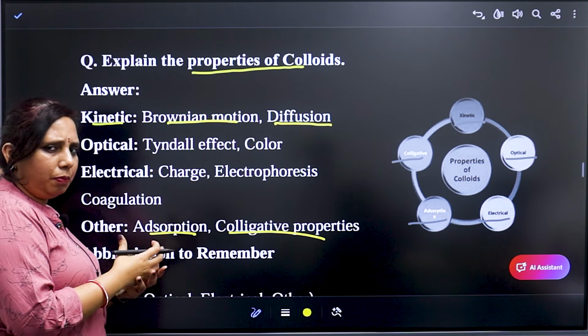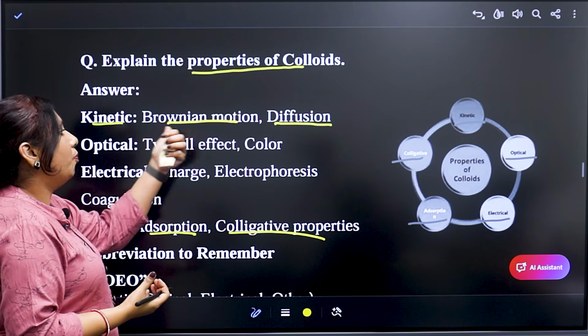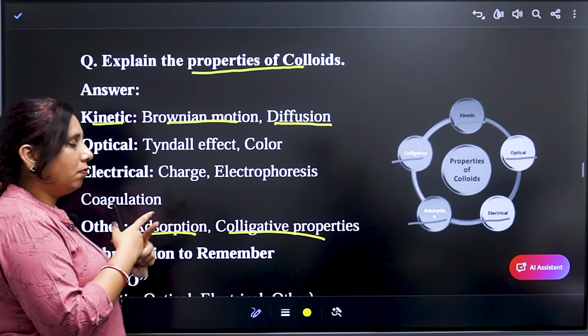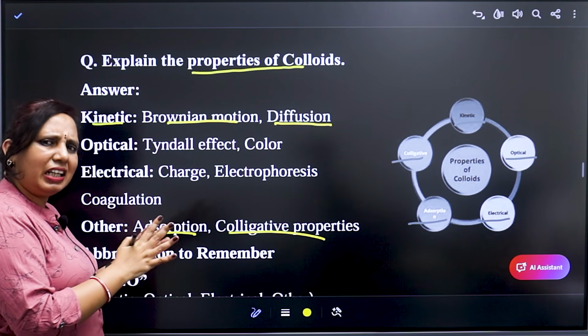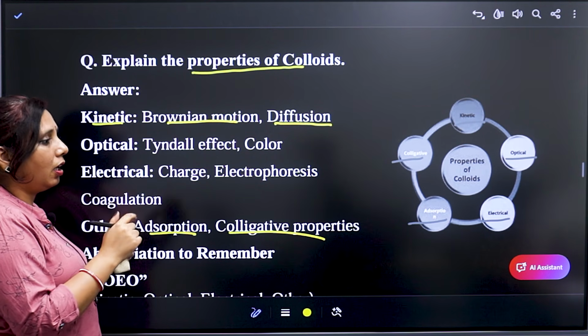Diffusion we all know as movement of molecules from higher concentration to lower concentration. Whereas Brownian motion is that colloidal particles are always in continuous motion. They are always moving.